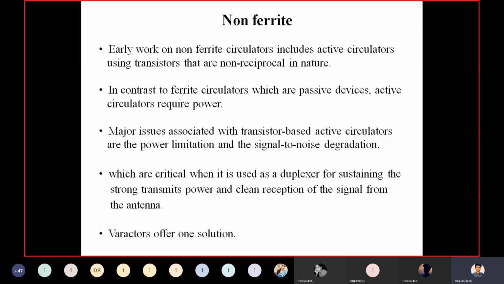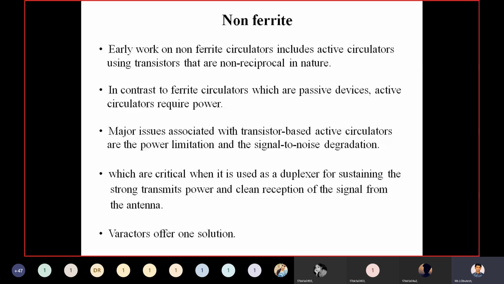Next one is non-ferrite. Earlier work on non-ferrite circulators includes active circulators, which use transistors that are non-reciprocal in nature.